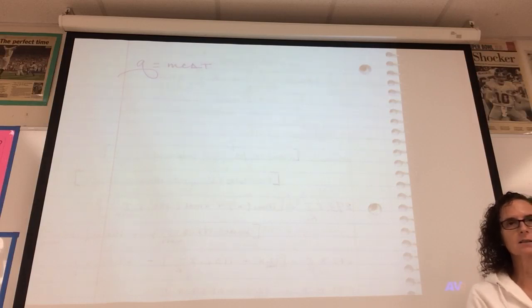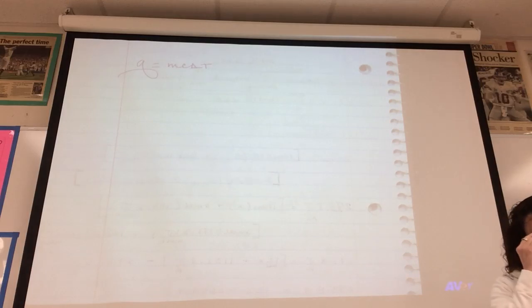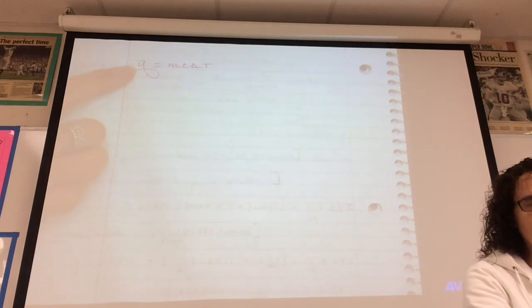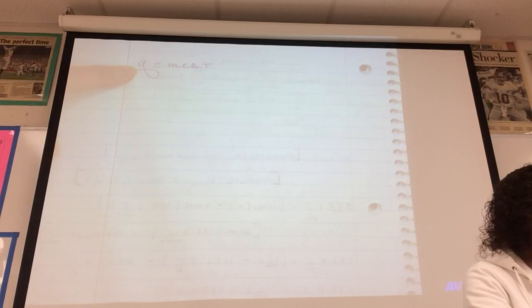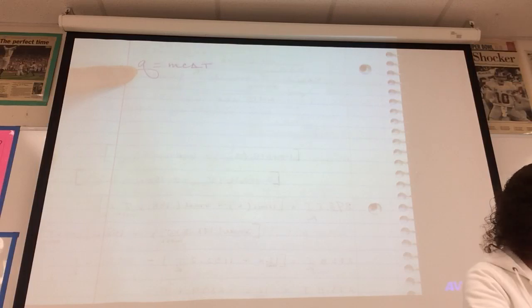So what's the delta T when you undergo a phase change? 0. So if you plugged 0 into this equation, what must Q be? 0. But there is heat transfer when a substance undergoes a phase change, such as melting, boiling, condensing, or freezing.